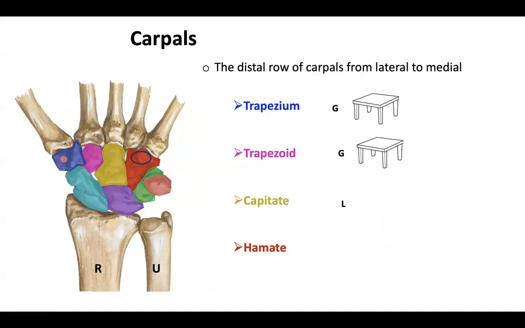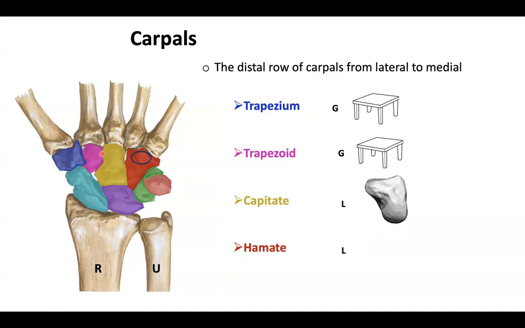In Latin, caput means head. When we see this bone distally, it looks like a head. That's why it's known as capitate. And capitate is the largest carpal bone. It's the largest in size.